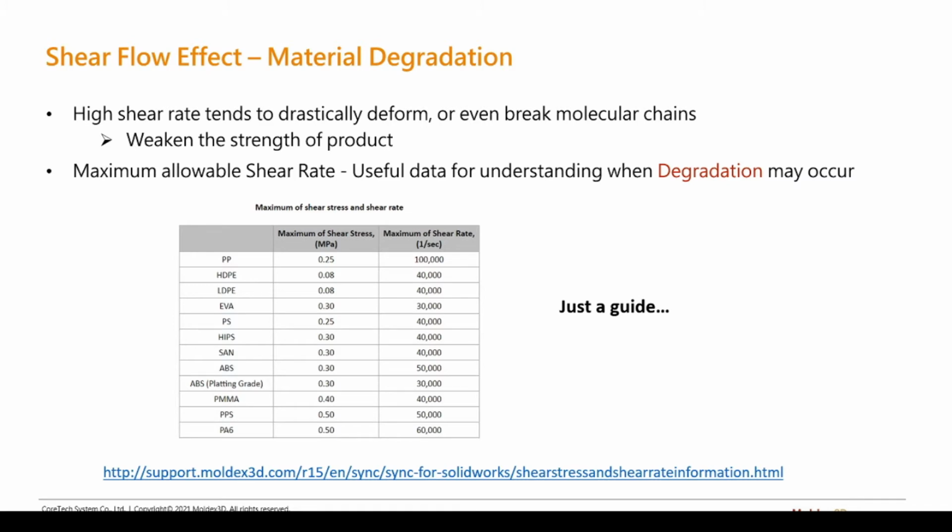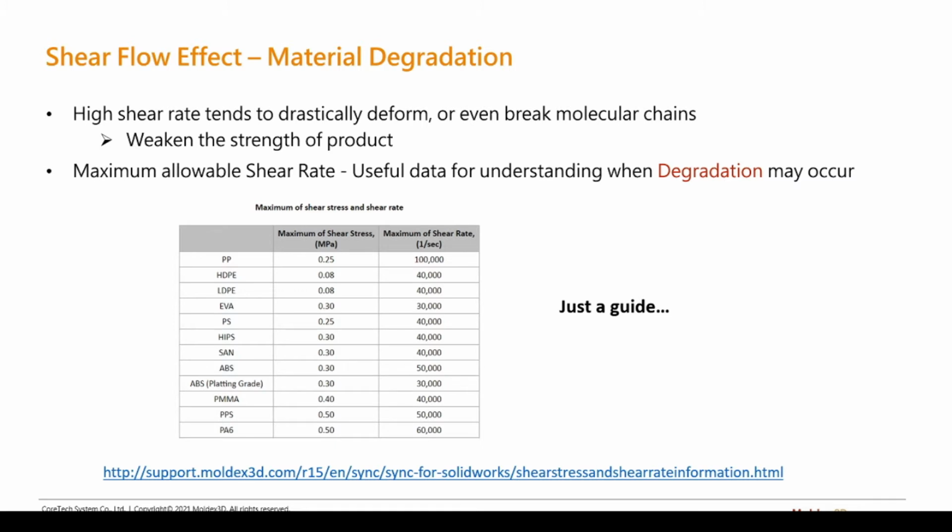Therefore, all of these recommendations are based on simulation correlation. The developers of such a table like this have taken a simulation with the same conditions as a real molding process, and if we experience a shear degradation, that's what's recorded as the maximum shear rate or maximum shear stress.